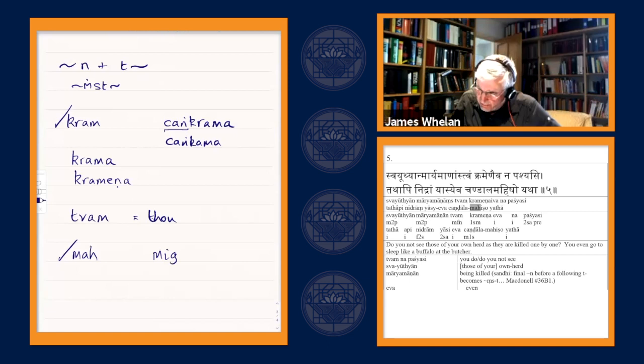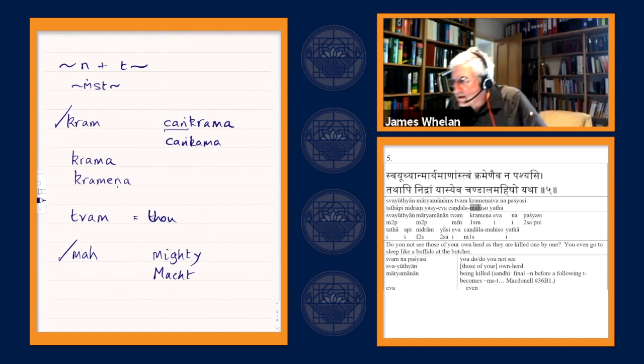So the English word might, as in mighty, is from that same root, powerful, the Mach root. The German word Macht, meaning power, the Wehrmacht, the defense force.